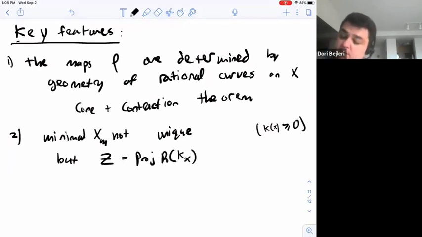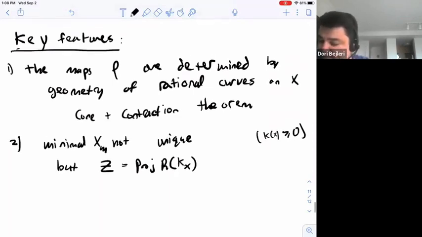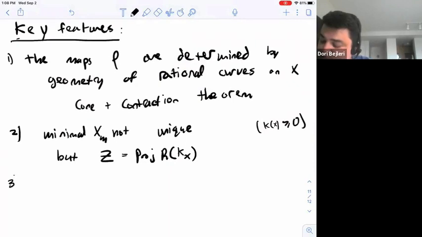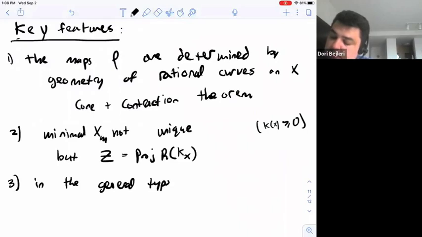In particular, implicit in this diagram is the fact that this canonical ring R is finitely generated. So it's a very hard theorem. In the general type case, that is equivalent to saying that this Z is birational to X rather than lower dimensional.